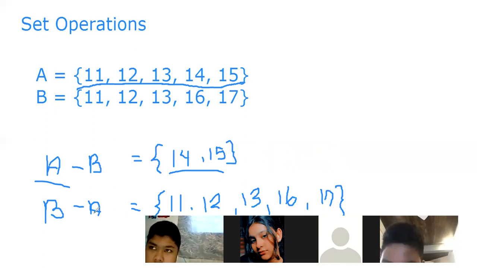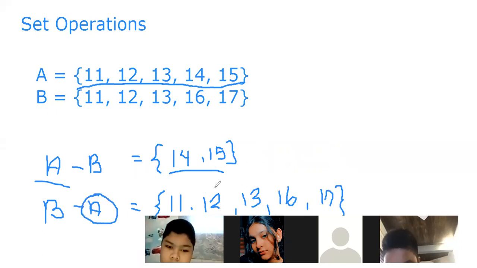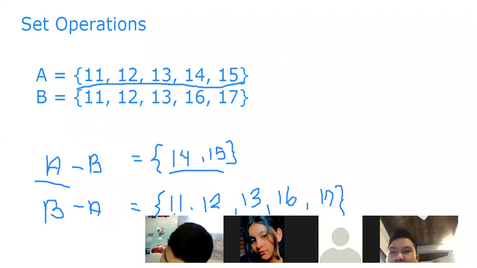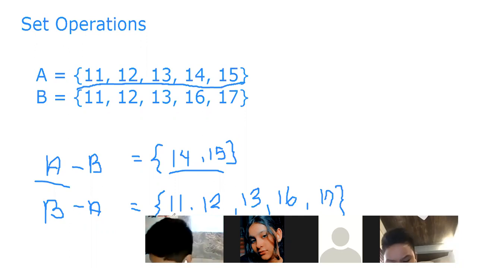So, we're going to subtract set A. Set A has 11. Set B has 13. Set A has 16 and 17?